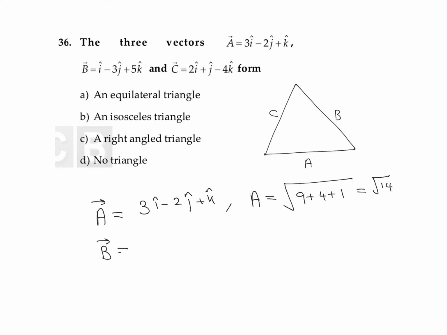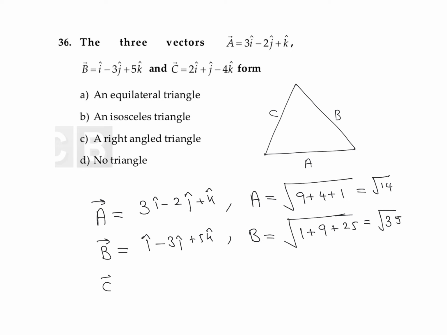Like that, let's see what the magnitude of B vector is. B vector is i cap minus 3 j cap plus 5 k cap. So we can find the magnitude: under root of x component 1 square, plus y component minus 3 square, which is 9, plus 5 square, that is 25. So this is equal to root of 35.